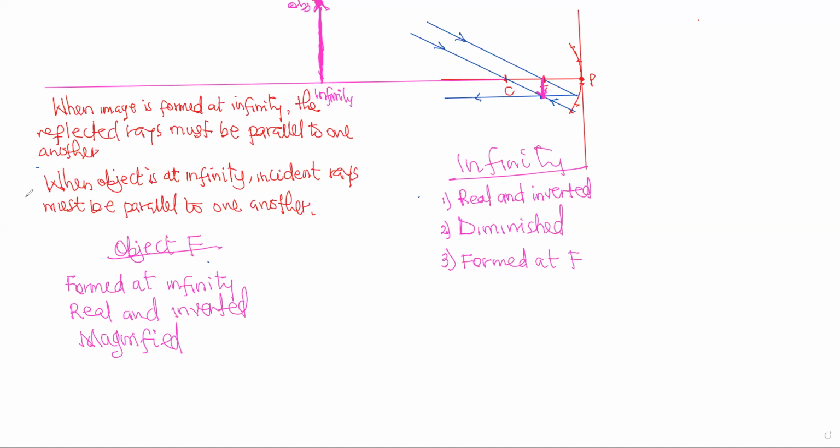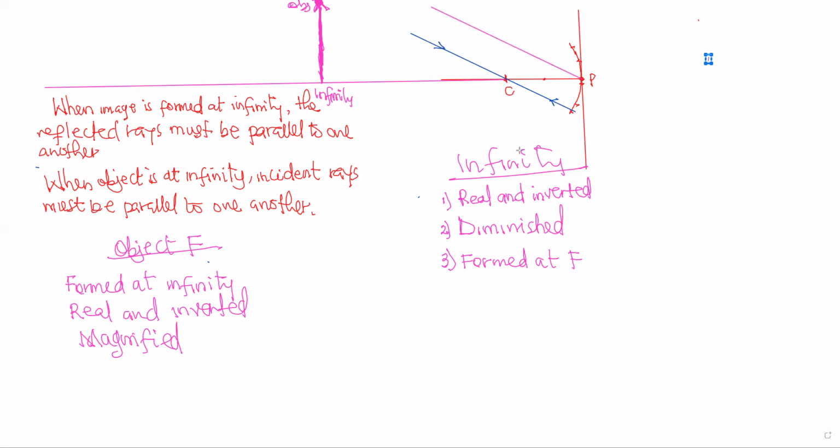Aziz, you are not talking. I can also decide, instead of drawing a ray through F, to choose a parallel ray which is incident on the pole of the mirror. All that I must ensure is that the two incident rays are parallel to one another.